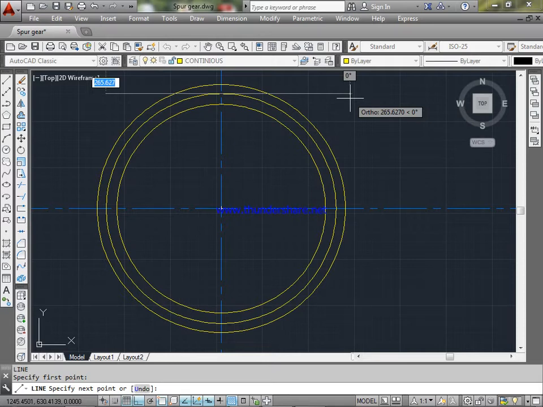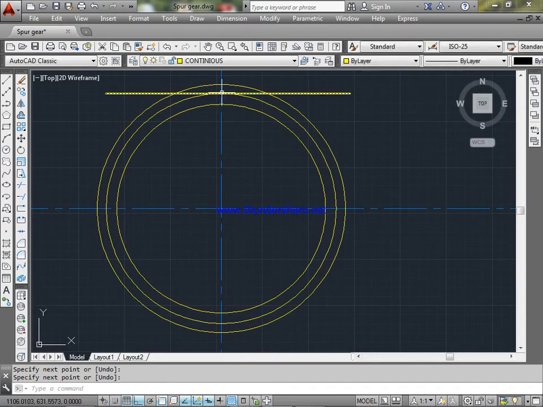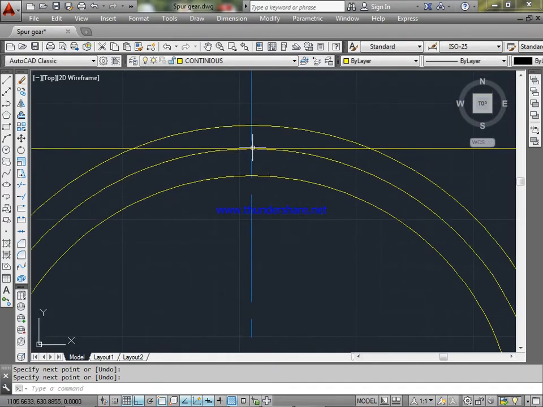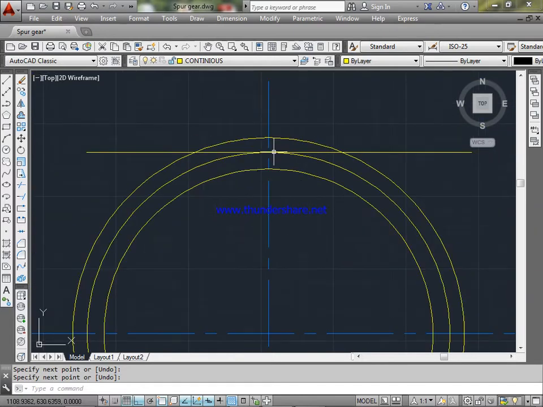This is the common tangent. This point is the pitch point. Through this point we draw a common tangent.